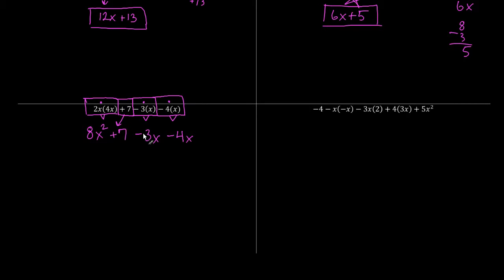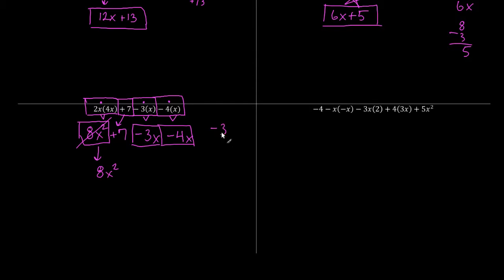Now, we can try to combine like terms. We start with the highest exponent, x to the second power. We don't have any more. This is an x, but not to the second power. So we bring it down. Now we look for the x. So we have negative 3x and negative 4x. I want to mark this out.